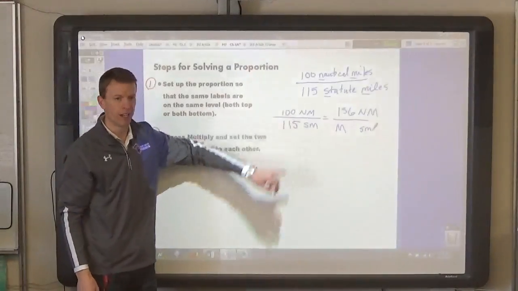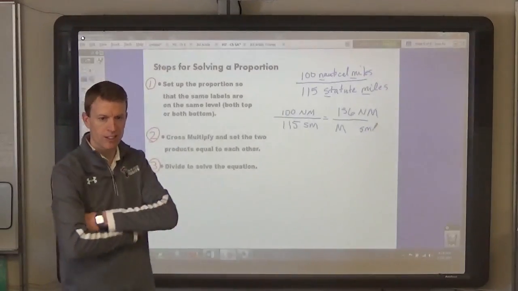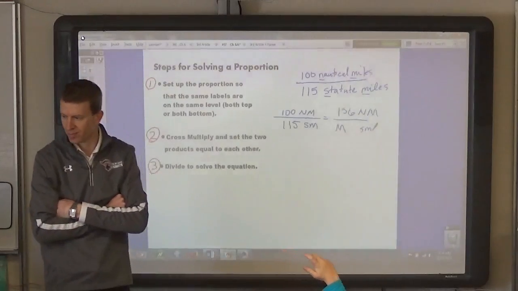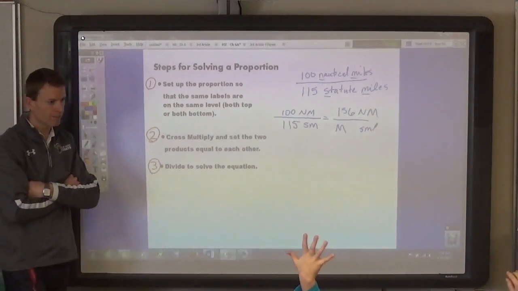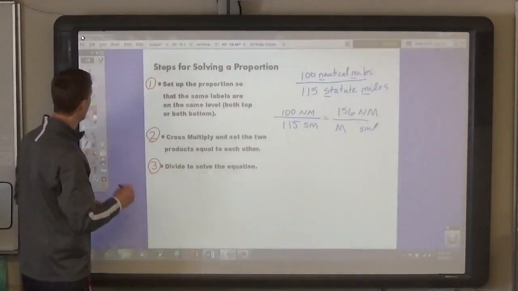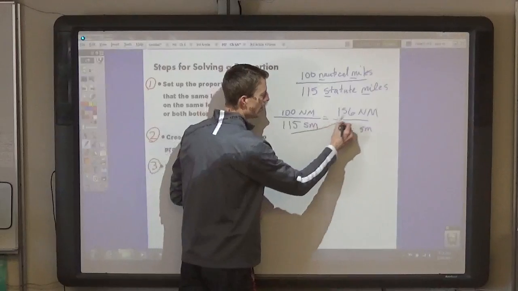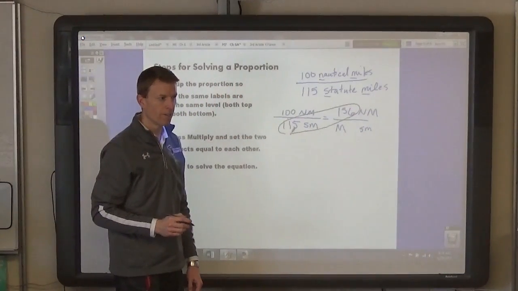Now, to solve it, what did we learn about solving it? What should we do first? Carson? Good. Cross multiply. 156 times 115.